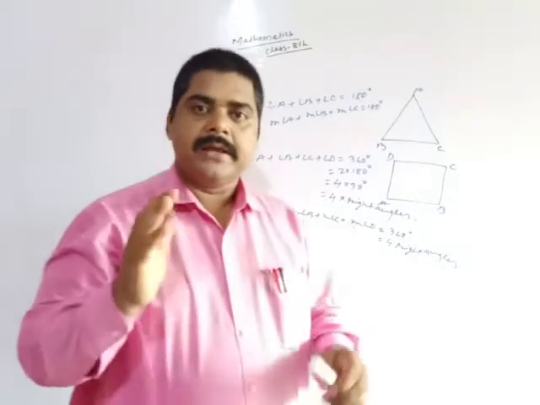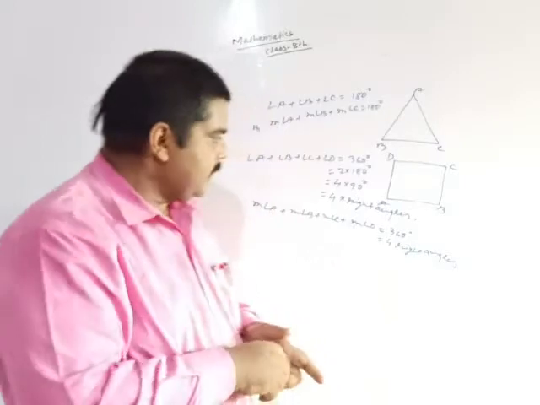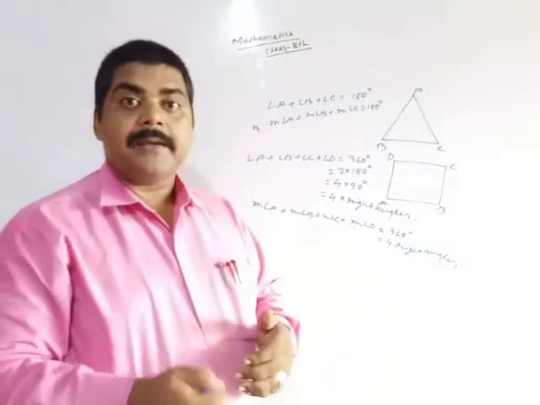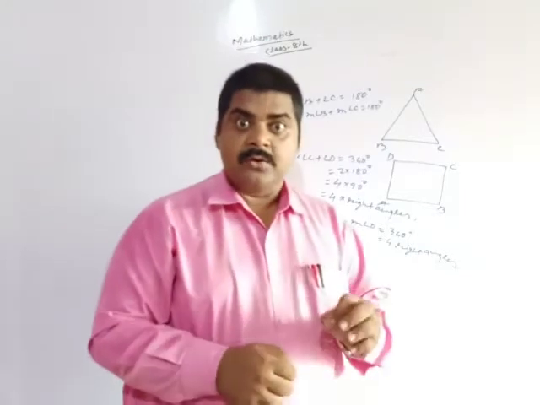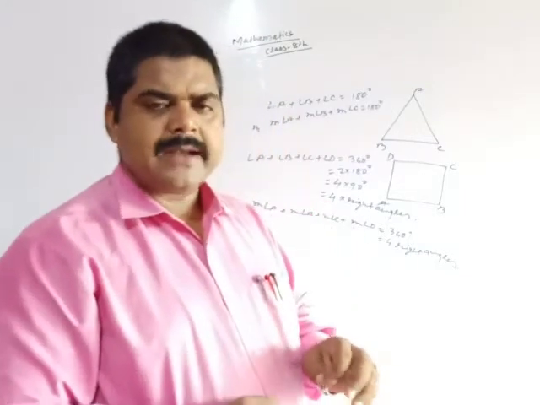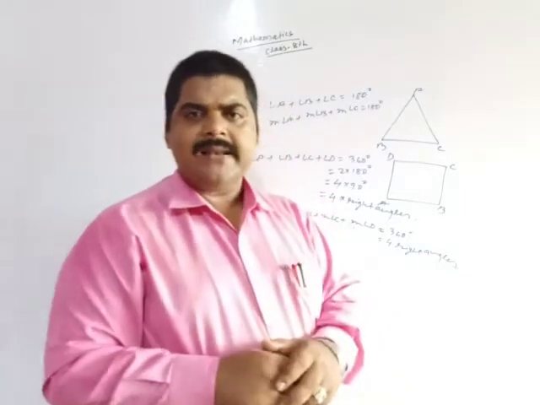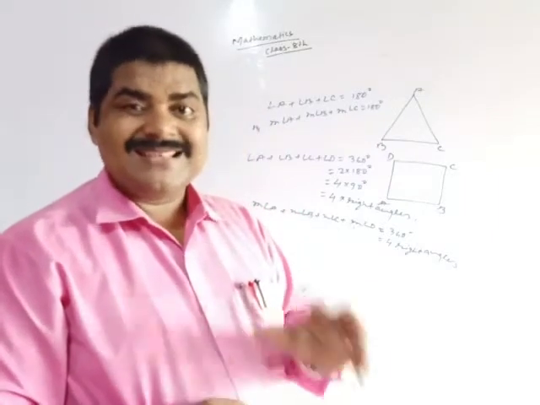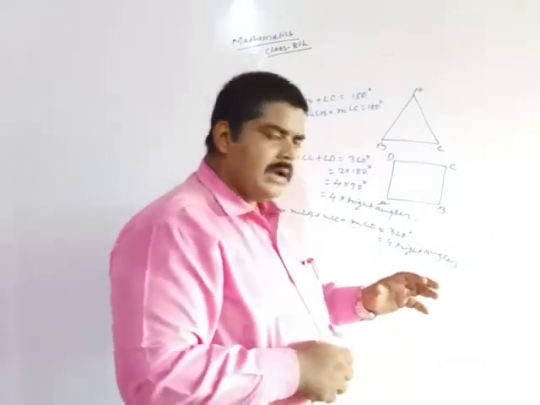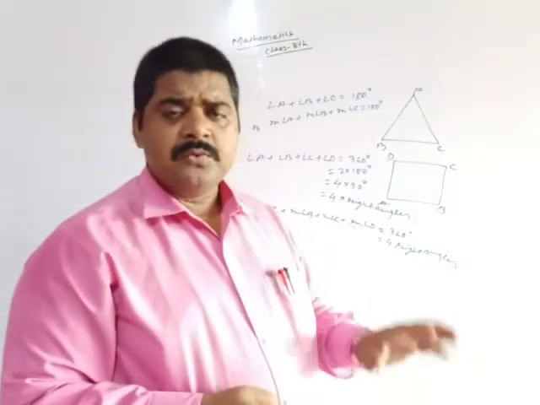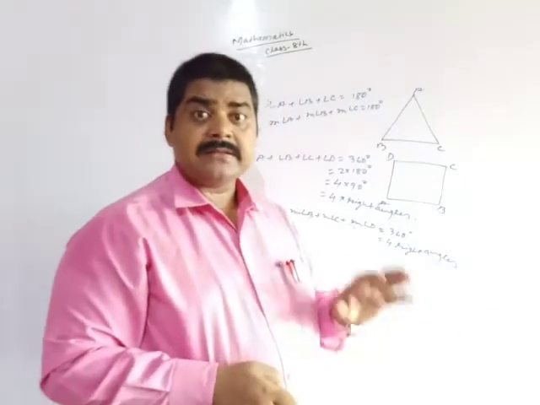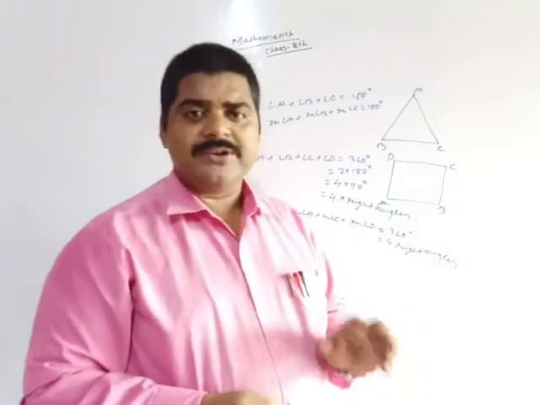So in both the ways you can just write down that sum of all angles of a quadrilateral is equal to 360 degree. And regarding the verification, because if anyone asks you the question that how can you prove that sum of all angles of a quadrilateral is equal to 360 degree, my dear, you have to find out such type of verification with the help of triangle, and this method is known as triangulation method.